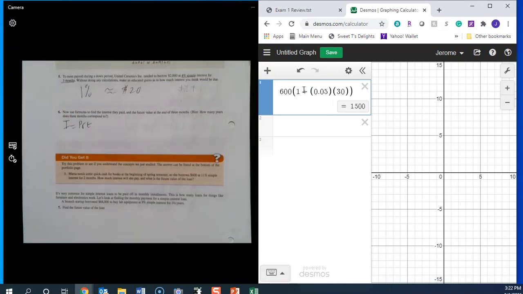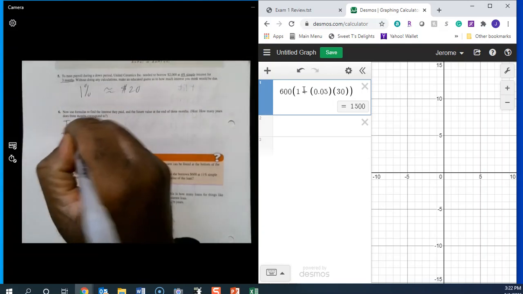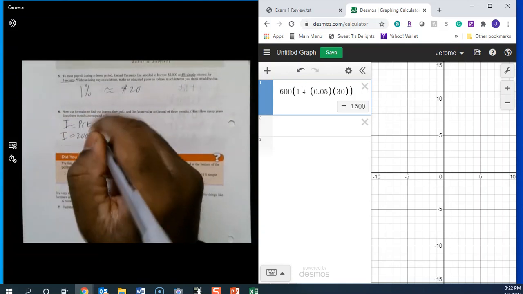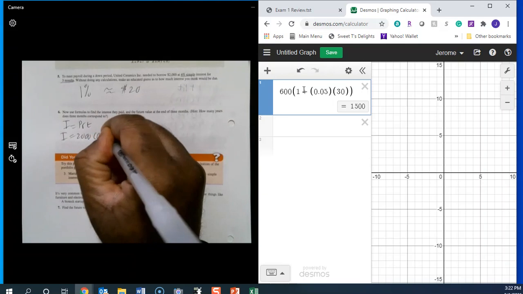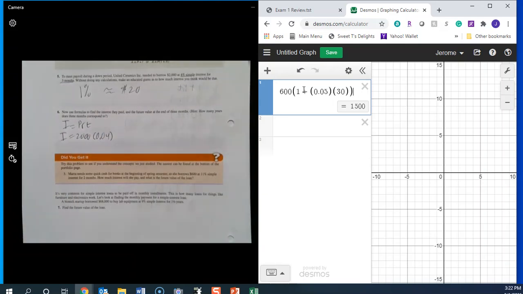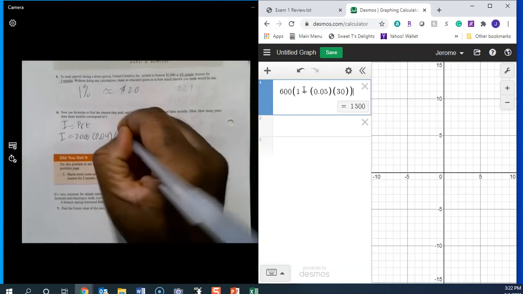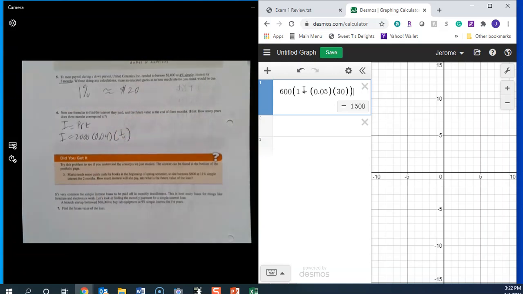The principal is $2,000, the rate is 4%, and then the time. Now remember, time is typically calculated in years, and since we know 3 months is a fourth of a year, we'll multiply this by 1/4. Or you could have done 3/12, which is still 1/4.